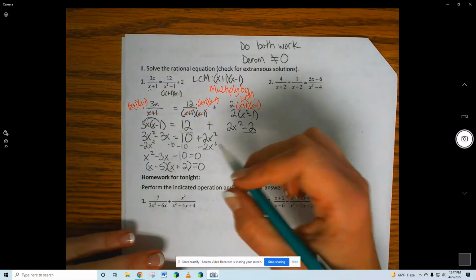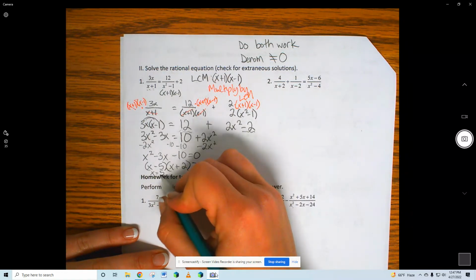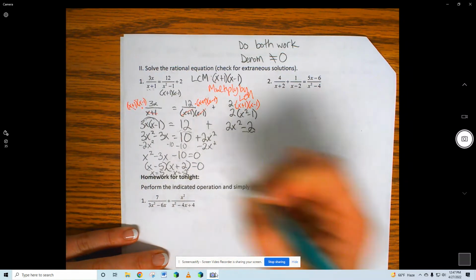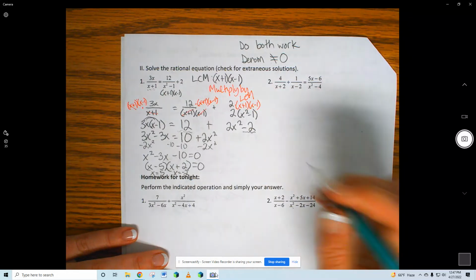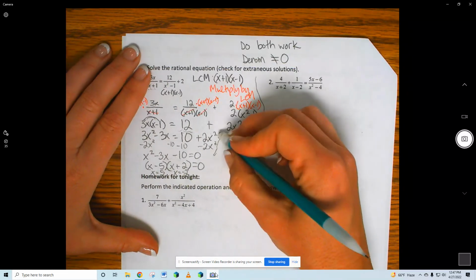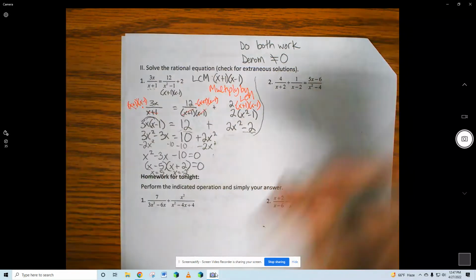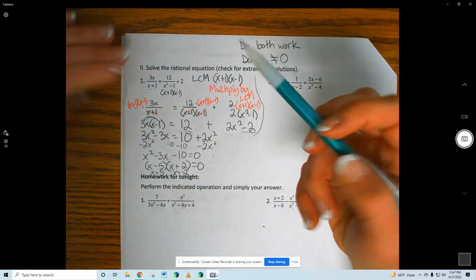So this means x equals positive 5 and x equals negative 2. So I need to check to see if that works.